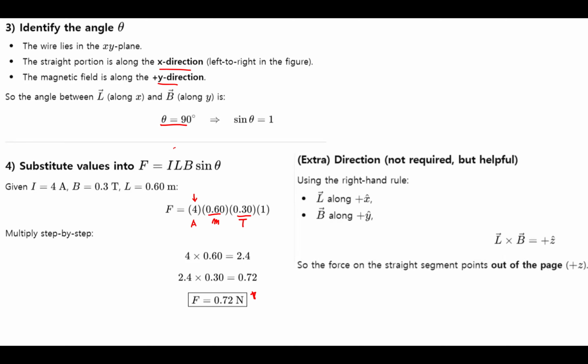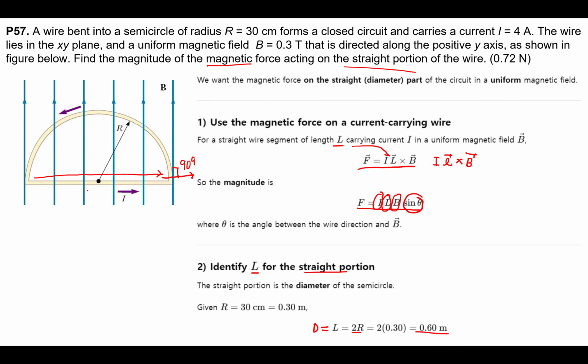And the direction: L is along the plus x direction, B is along the y direction, and L cross B is in the plus z direction. So it is out of the page, which means the force is toward you.